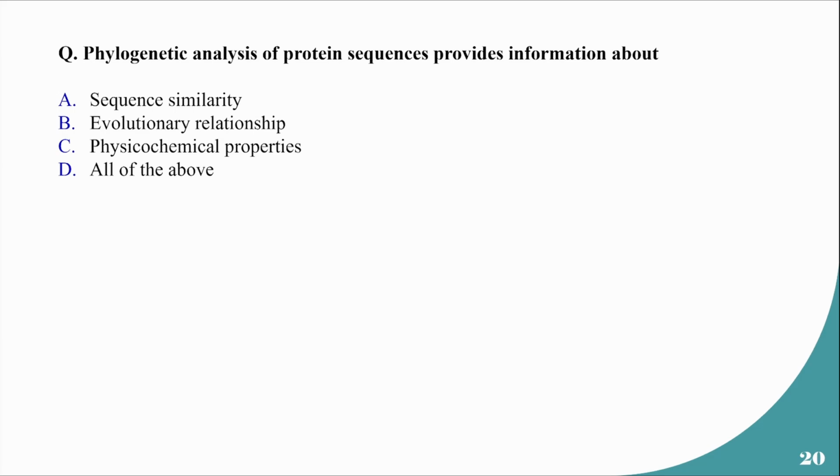Okay, I see one answer in the chat, B. So phylogenetic analysis for protein sequences is essentially done for evolutionary relationships, right?